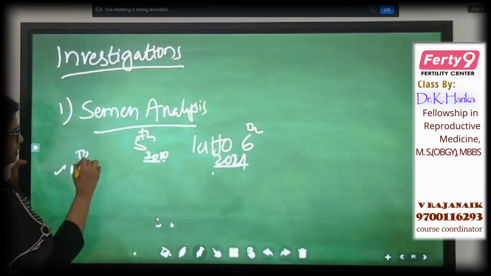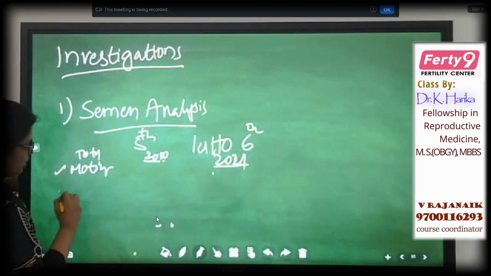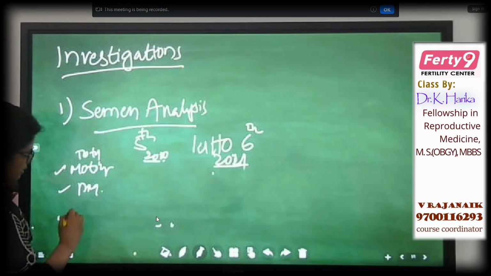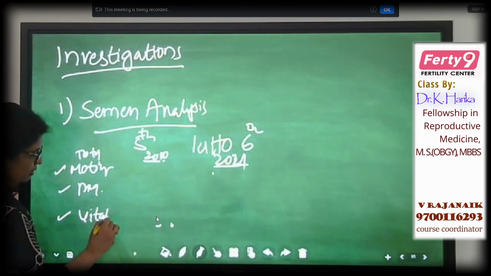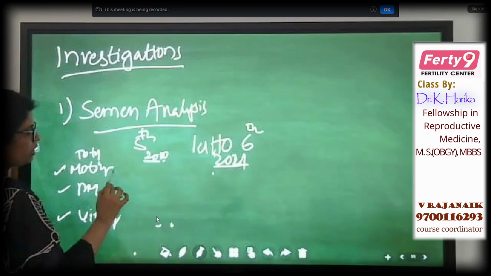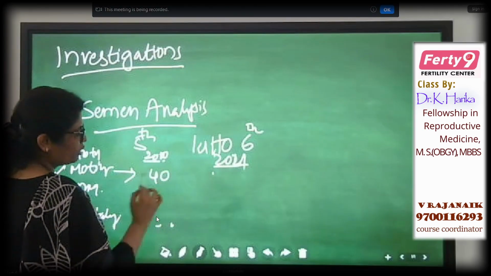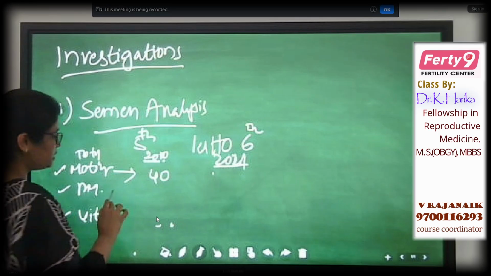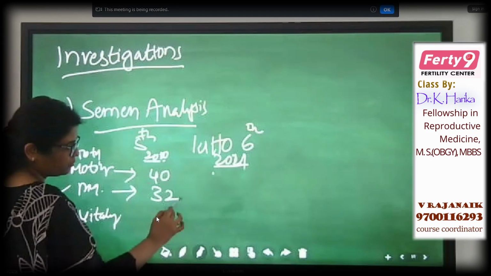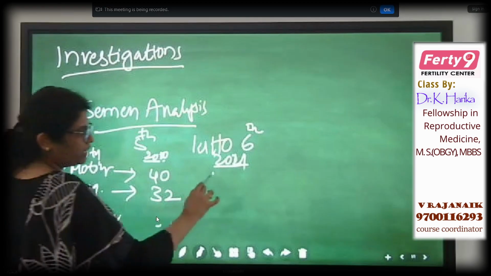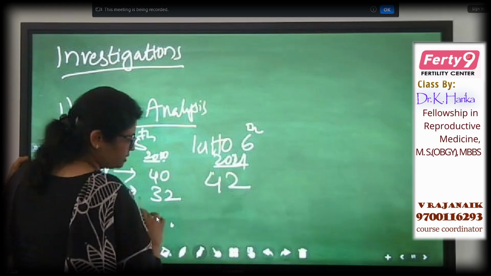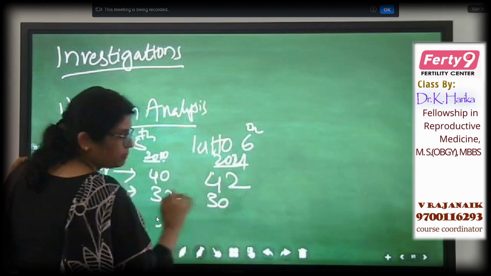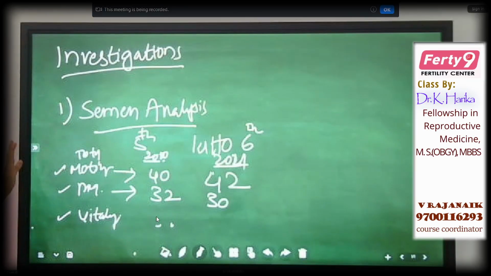Next, motility: total motility, then progressive motility, and vitality. Total motility is 40%, the combined progressive and non-progressive motility. Progressive is 32%. According to recent guidelines, total motility should be 42% and progressive 30%.